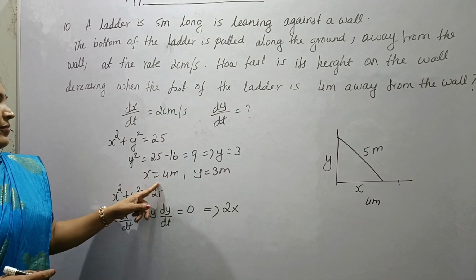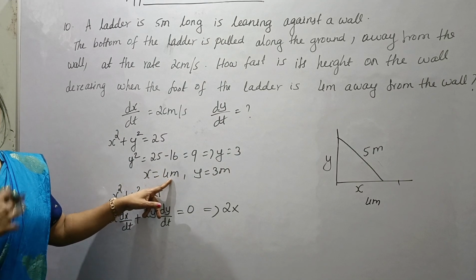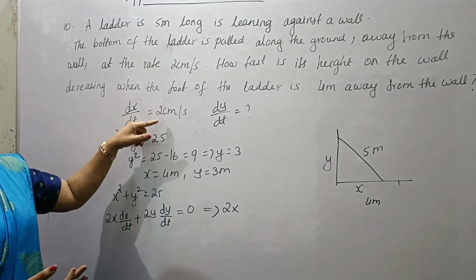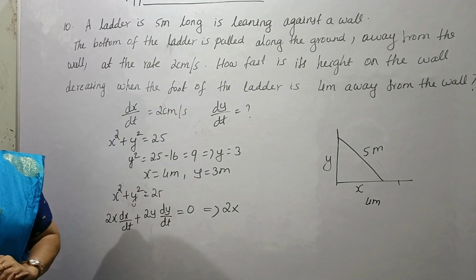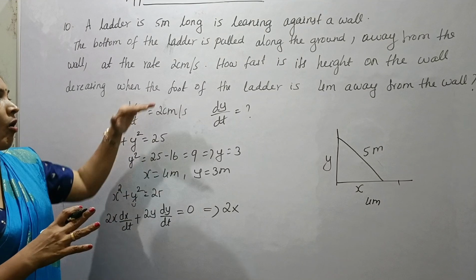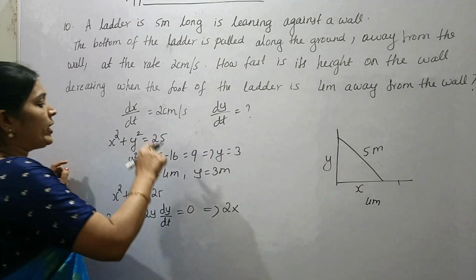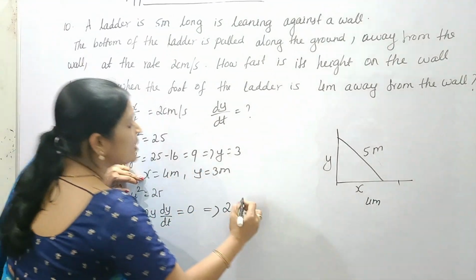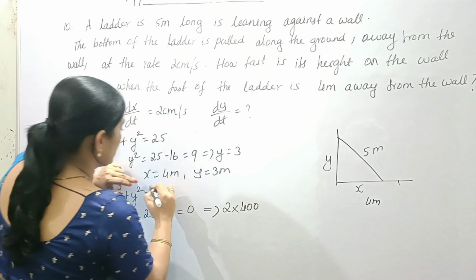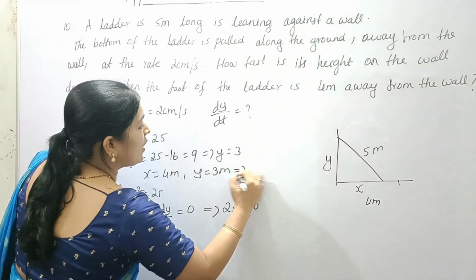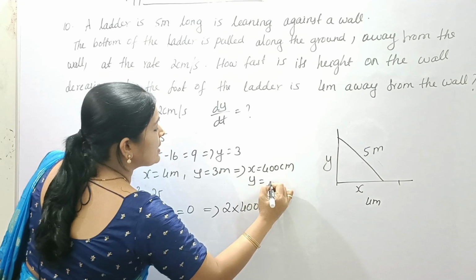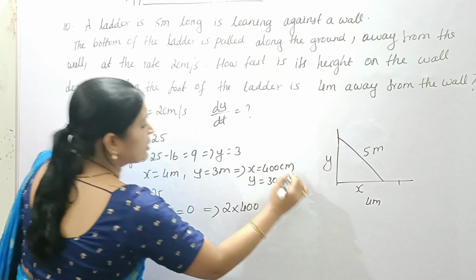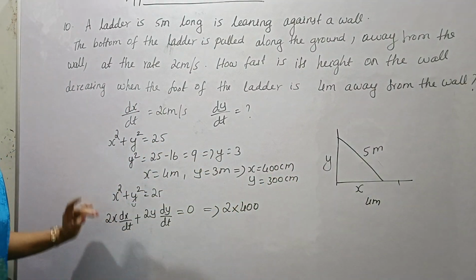It is given x is equal to 4 meter, means 400, because our dx by dt is in centimeter. Otherwise you can convert this centimeter to meter also. So we have to make all the units same. So here x is 4 meter, so 400 centimeter. See here I will write x is equal to 400 centimeter and y is equal to 300 centimeter. After that only substitute.